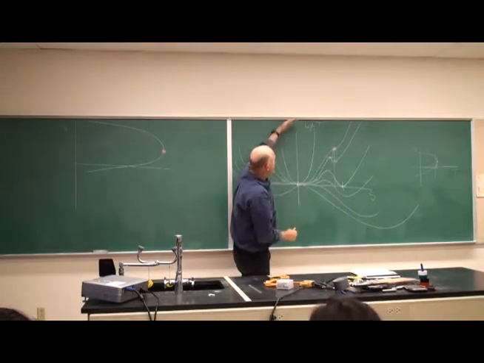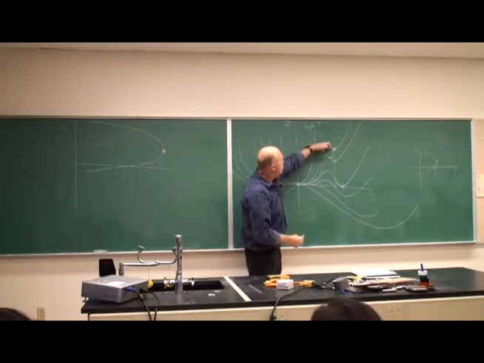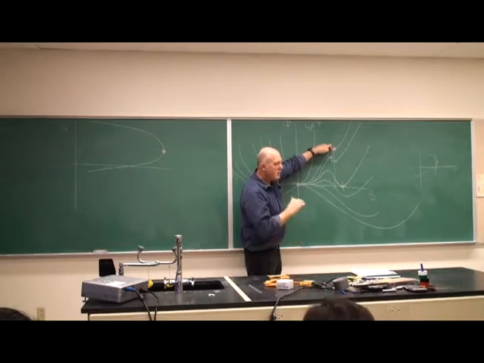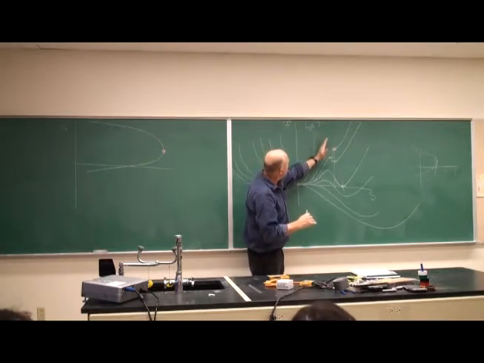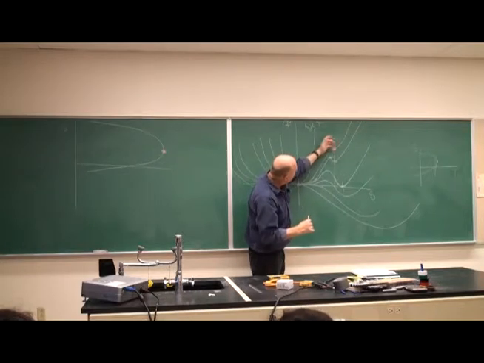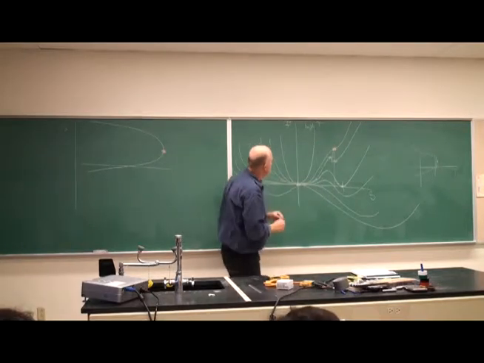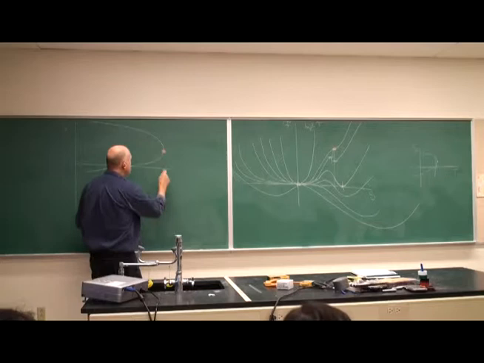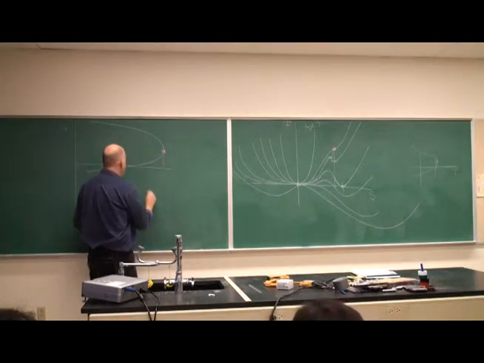When you lower the temperature, a solution appears here. A zero slope point appears here. On these curves it becomes flat, and you have one point where the slope is zero. So let's call this T star.